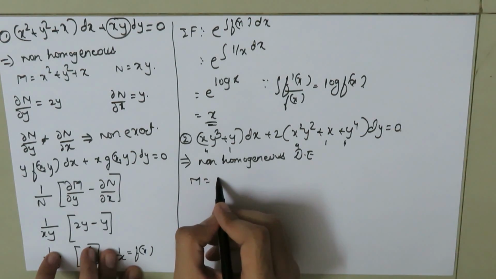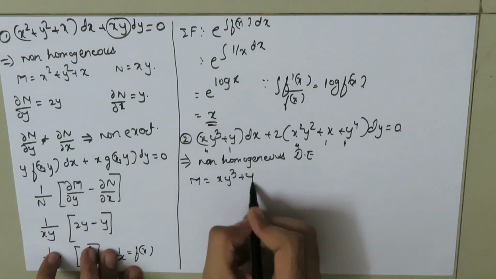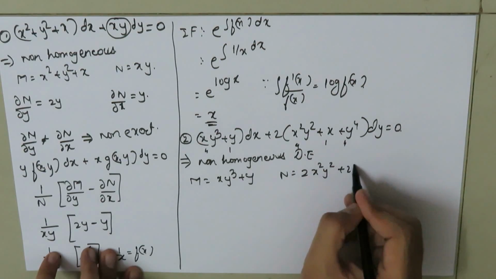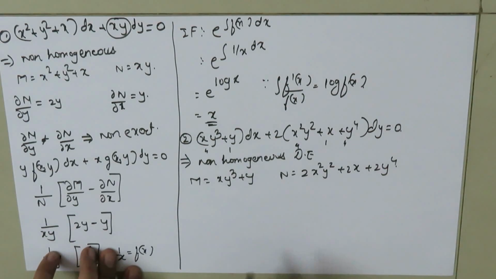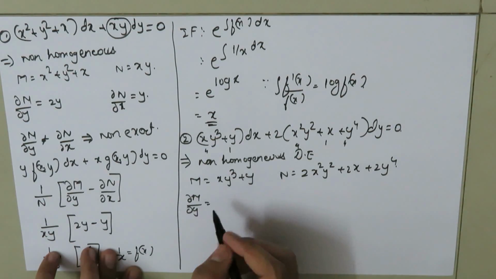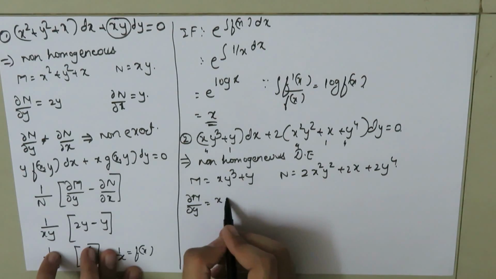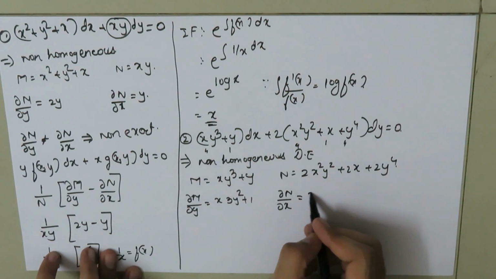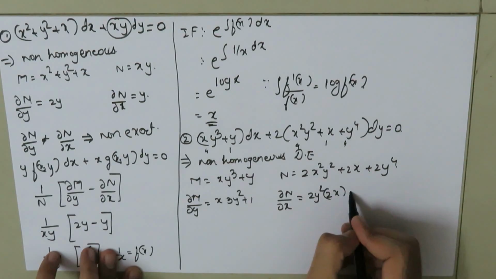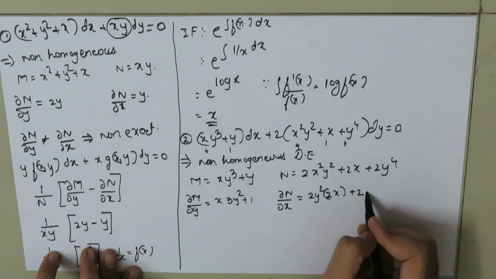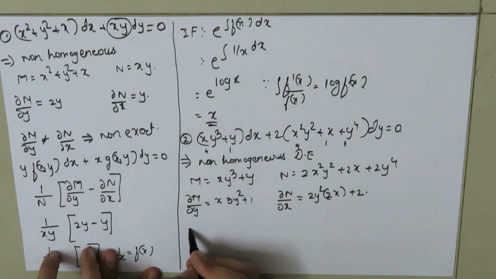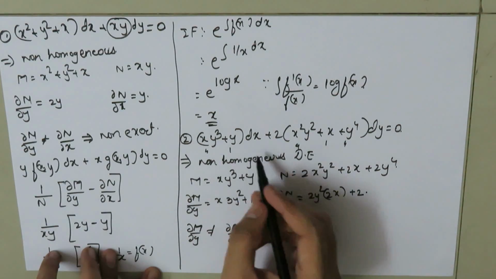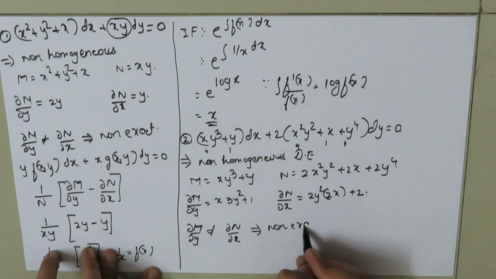Now let's check whether this differential equation is exact or non-exact. M is equal to xy³ + y, and N is equal to 2(x²y² + x + y⁴). So ∂M/∂y is equal to x times (3y² + 1), and ∂N/∂x is equal to 2(2xy² + 1). So here ∂M/∂y is not equal to ∂N/∂x, which implies that the given differential equation is non-exact.